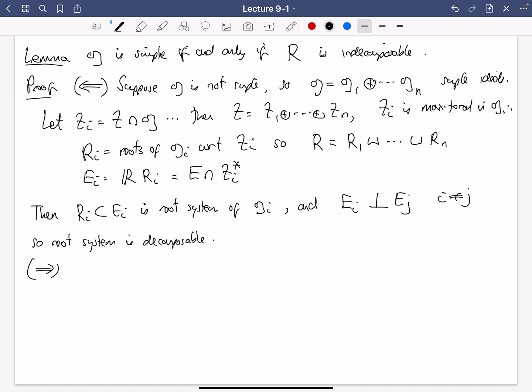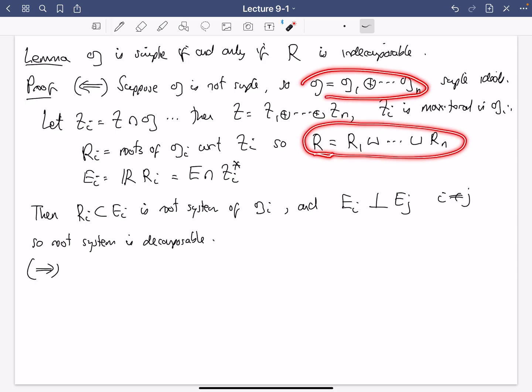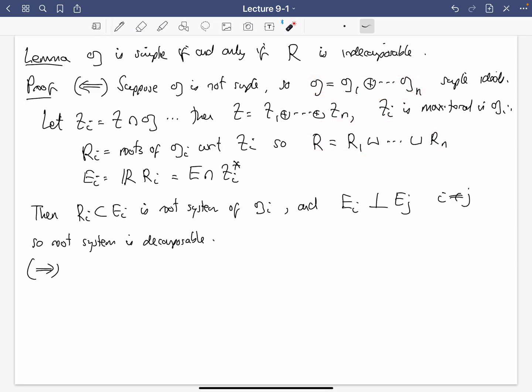And once I've proved the forward implication next, it'll follow that this decomposition of the root system, coming from the decomposition of G into simple ideals, is exactly the decomposition of the root system into its indecomposable components. That just follows from the next part of the proof.